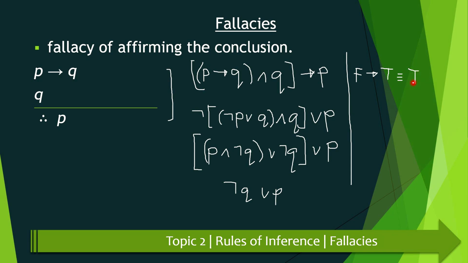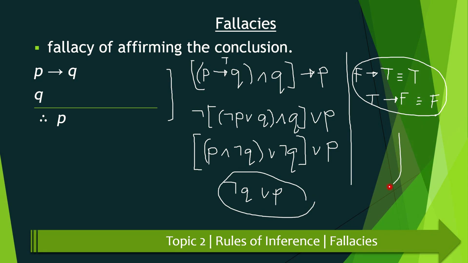This will become T and T. So this will become true implies P, which is false. The answer will be false. So again, in whatever kind of process or method, it will end up false. Okay, let's proceed to an example.